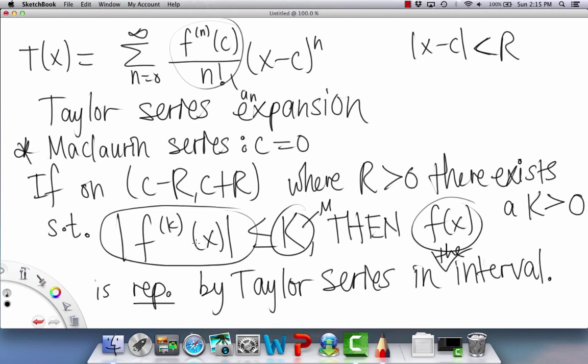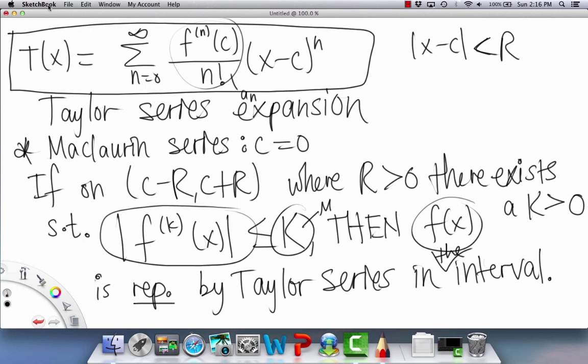So if there is an upper bound to all of the derivatives of a certain function, then this function could be represented by a Taylor series that looks like this. This is our Taylor series. And the interval, as I said before, would be C minus R to C plus R.